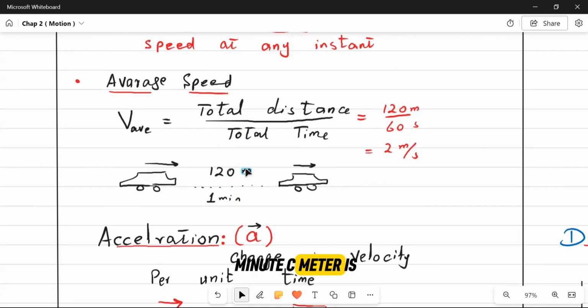See, meter is a unit, but minute is not the SI unit, so you will convert it into seconds. You know that total distance is 120 and time 1 minute is equal to 60 seconds. So the speed is 2 meter per second. That is the average speed.